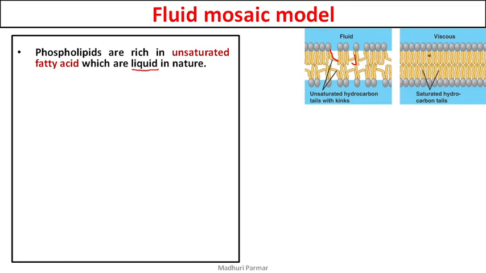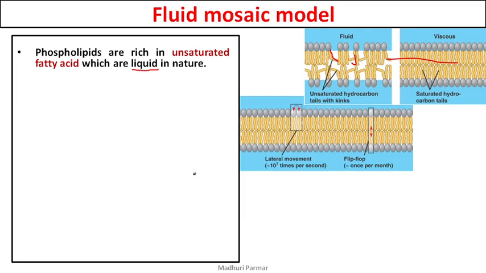Then in case of saturated fatty acid, they will be very uniformly arranged, and if they are uniformly arranged, then they will not be as liquid in nature, as fluid in nature. Now they are not actually fluid, so they are called quasi fluid.